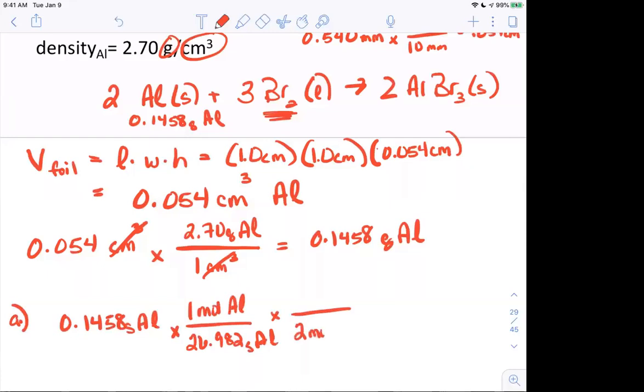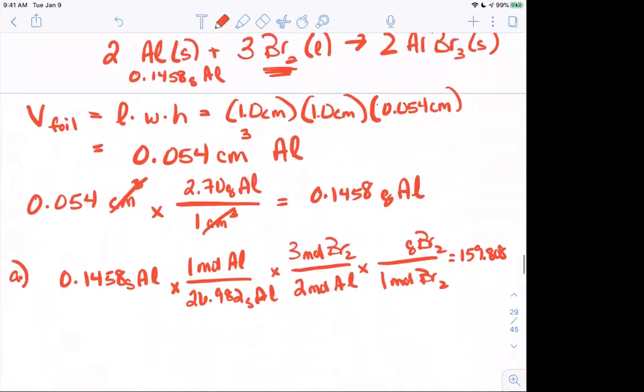For every 2 moles of aluminum, I need 3 moles of bromine. And then I'm going to look at the molar mass. For every 1 mole of Br2, how many grams of Br2 do I have? Well, I have 79.904 times 2, and that gives me 159.808 grams.